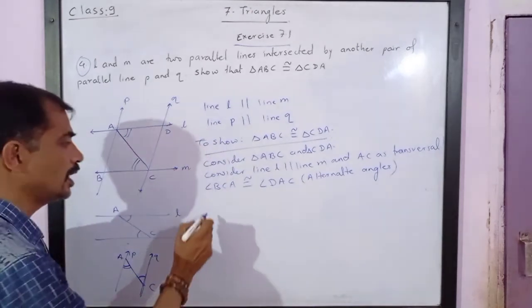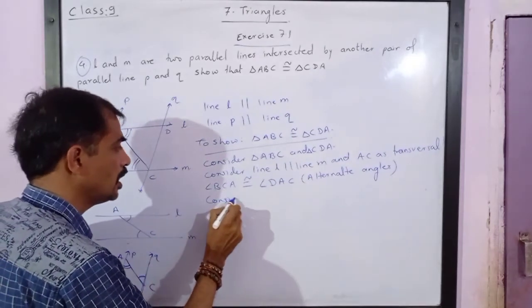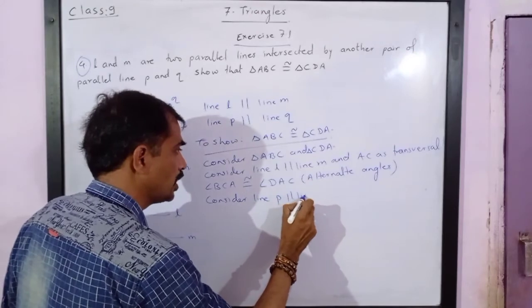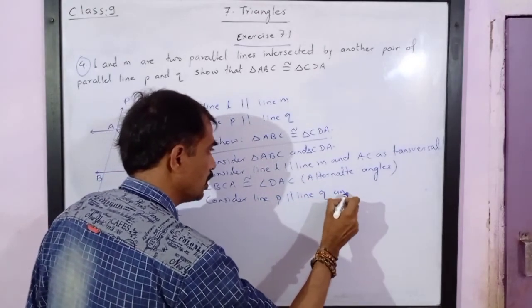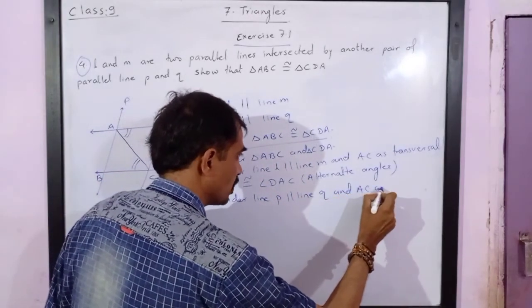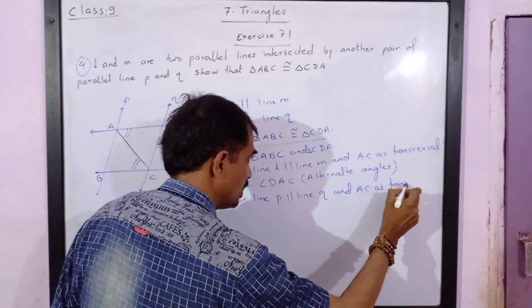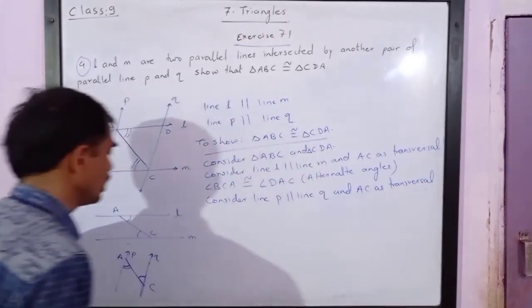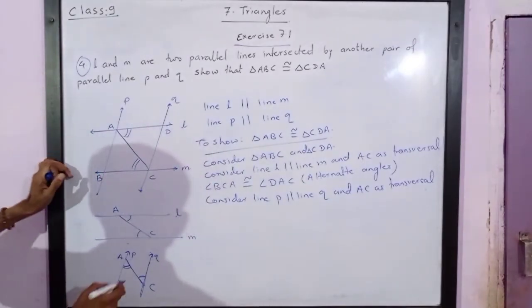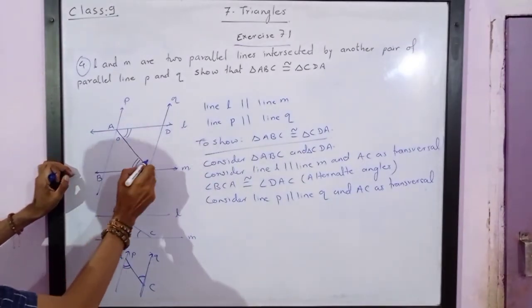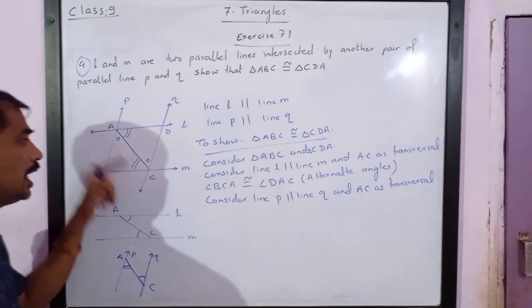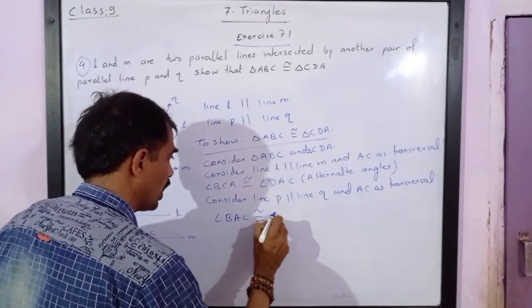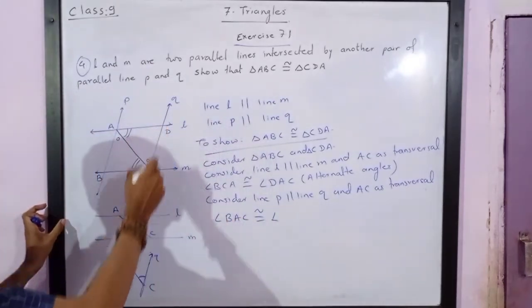So when you consider line P parallel to line Q and AC as transversal, you will get angle BAC congruent to angle DCA.